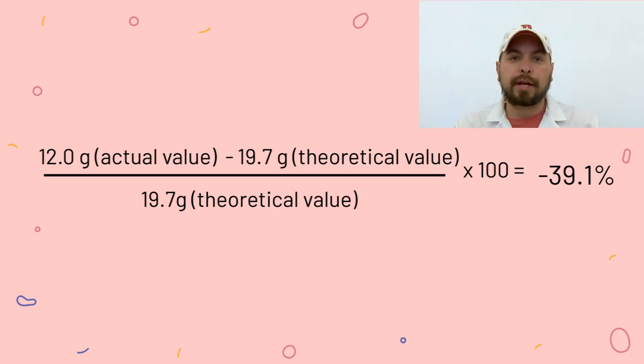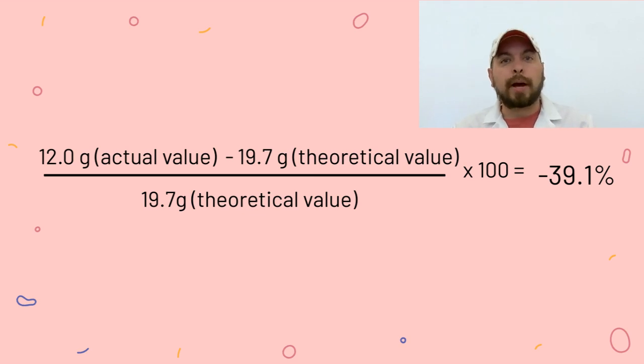What about his percent error? Now, percent error, we're going to take that 12 grams that he collected, subtract the 19.07 grams we expected to collect, divide by 19.07 grams, multiply that whole thing by 100, and we end up with a percent error of negative 39.1%.